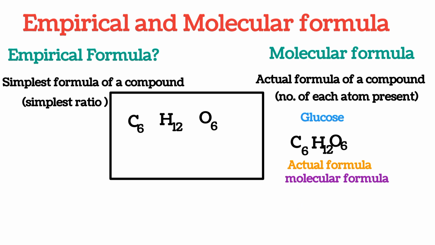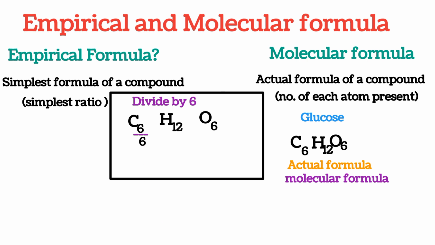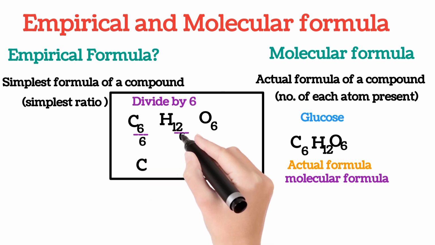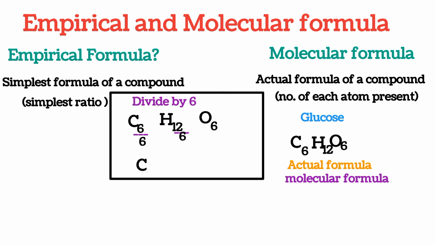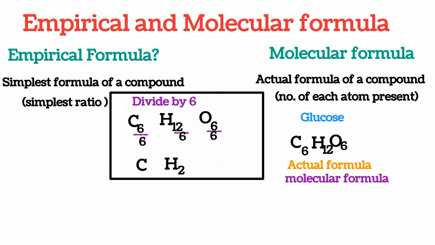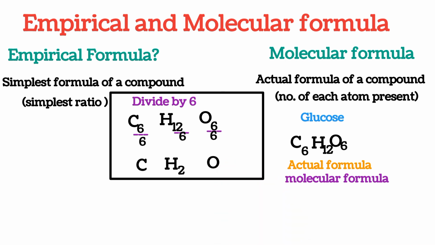If we divide through this number of atoms by 6, we're going to have 6 divided by 6, we have 1 carbon. 12 divided by 6, we're going to have 2 hydrogen, and 6 divided by 6, we're going to have 1 oxygen.